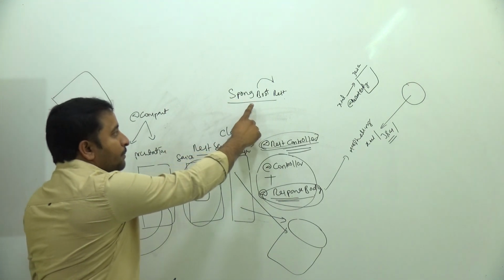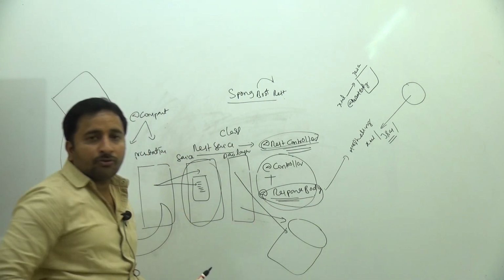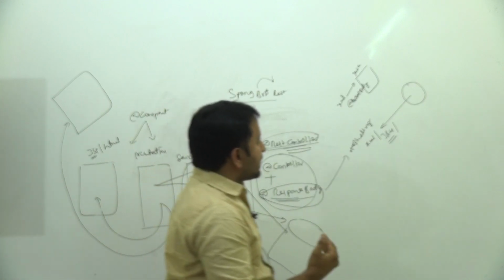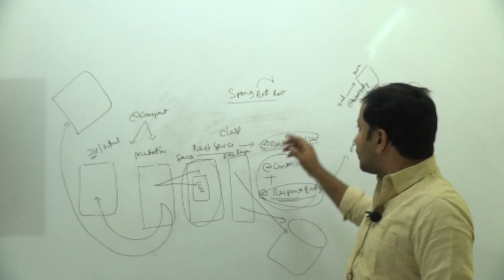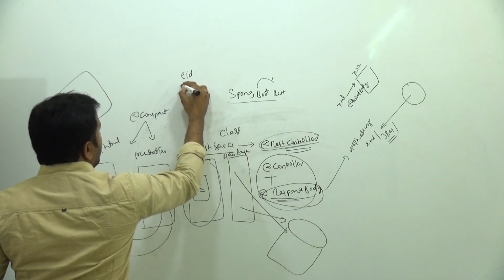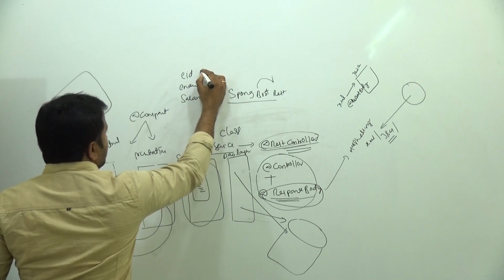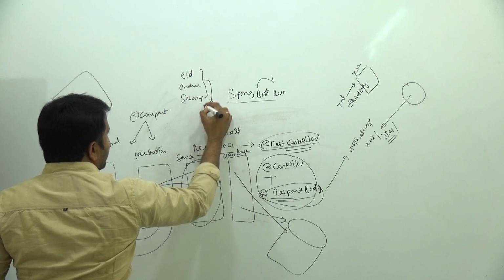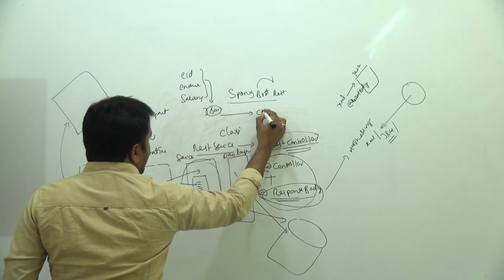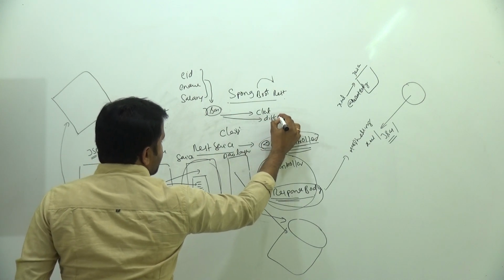In the case of Spring Boot with REST applications, we use the @ResponseBody annotation, and the conversion takes place. For example, a Java object contains eid, ename, and salary. These three fields are converted into JSON format, which is sent back to the client or some different application.